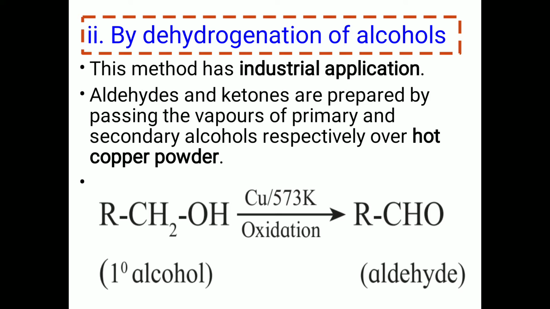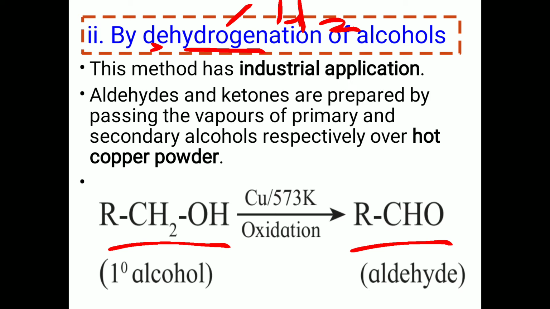This word is formed by two words, the first one is De and the second one is hydrogen. De means removal and hydrogen means H2 molecule, so when there is a removal of H2 molecule, it is a dehydrogenation reaction. By using dehydrogenation of alcohols, that means when two hydrogen atoms are removed from the alcohol molecules, we get the aldehyde as a product.